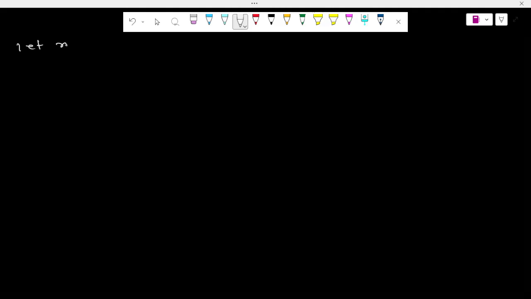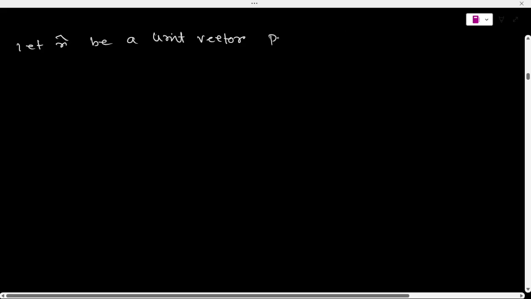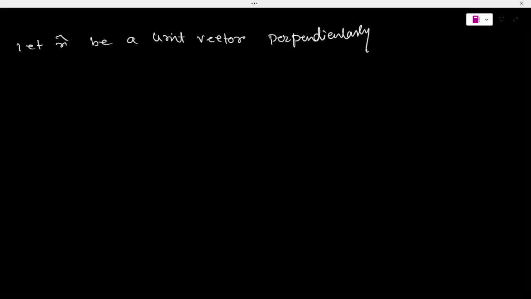Let n cap be a unit vector perpendicular to both a vector and b vector.